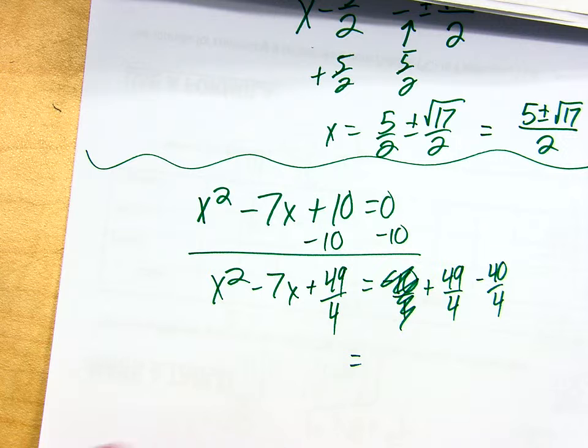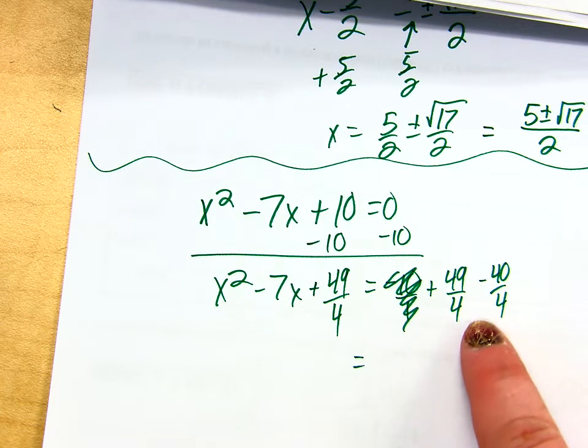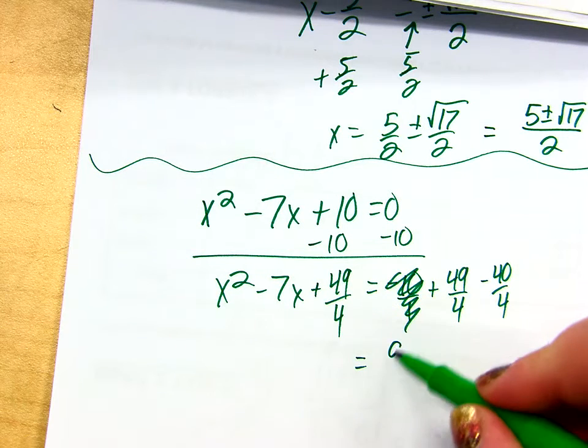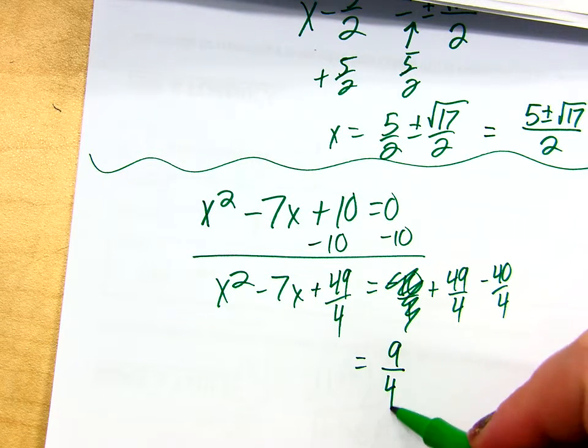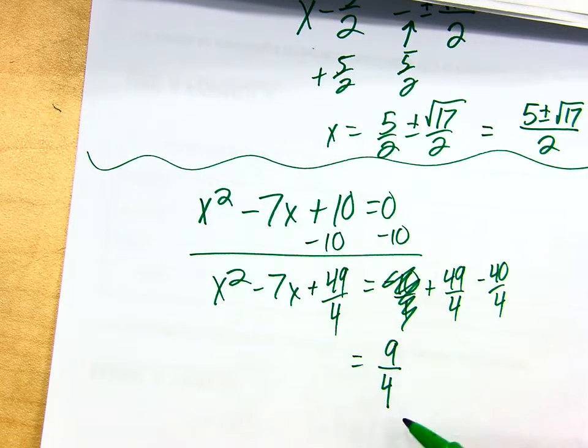You don't have to do it that way. I don't care. That's what I like to do. And now that's really easy to see that this side comes out to be 9. What? Not there yet. Yep. You just subtract the numerators and you keep the denominator the same.